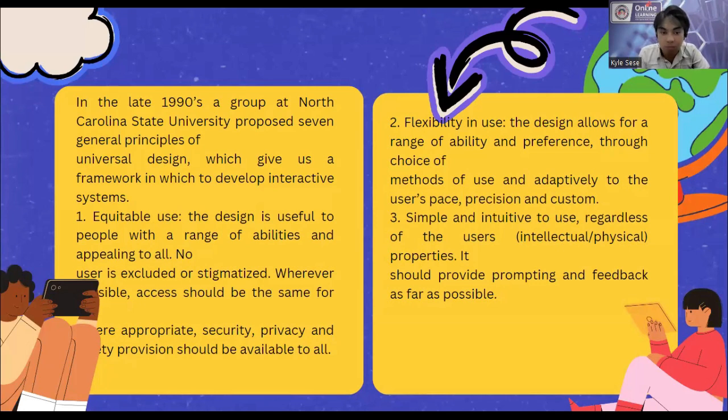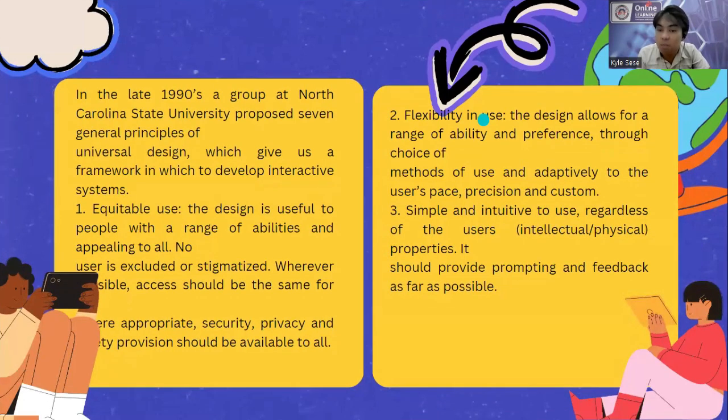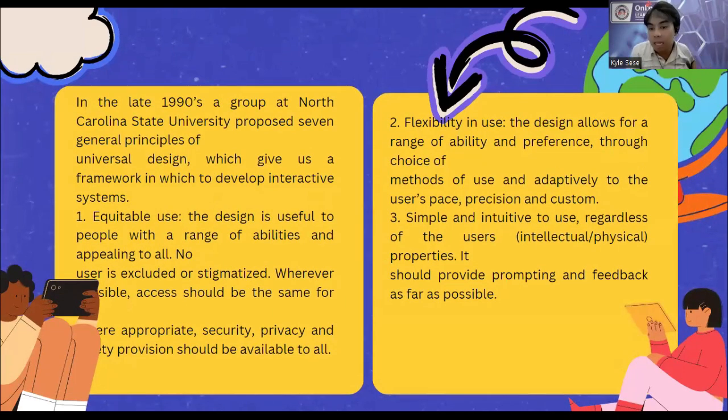Next is flexibility in use. The design allows for a range of abilities and preferences through choice of methods of use and adaptivity to the user's pace, precision, and customs.